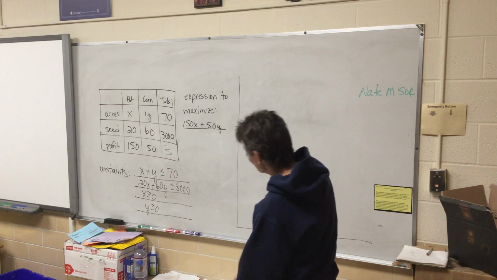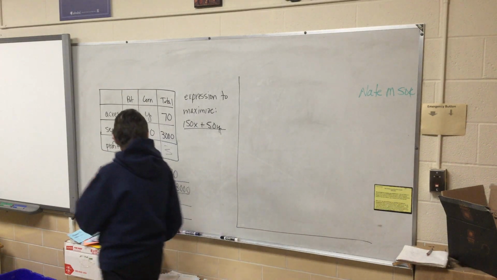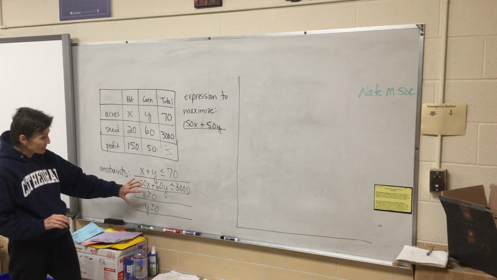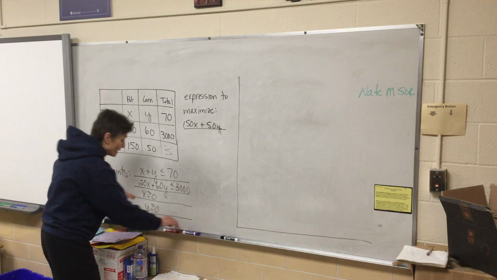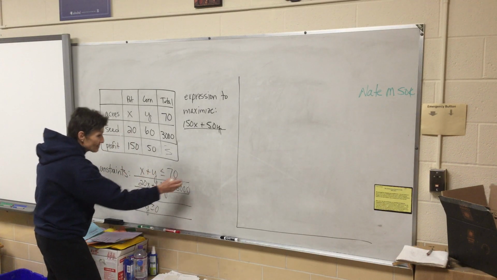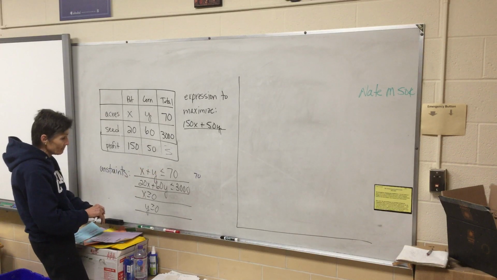Now we need to graph it. Okay, so before I graph it, I'm going to look at the size of these numbers. It looks like when I graph this one, I'm going to have 70s, right? Y will be 70 and X will be 70.